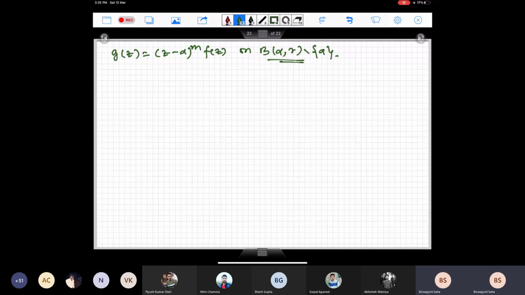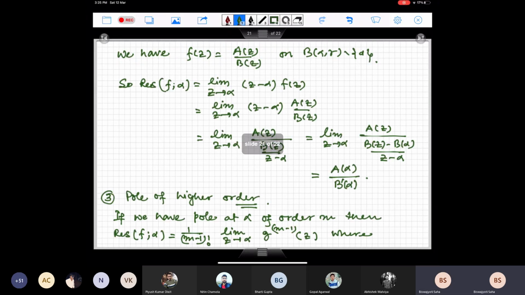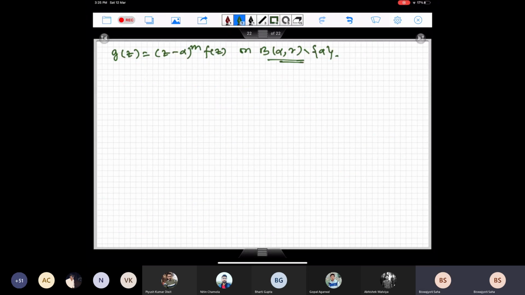Okay, so you take that particular function (z minus alpha)^m times f of z on B(alpha, r), so it's going to be given by a power series. I just don't want to write on B(alpha, r), because on B(alpha, r) this does not make sense.